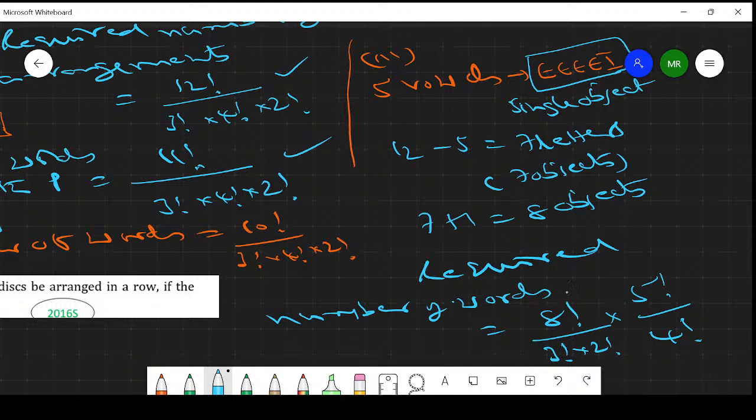Required number of words is 8 factorial by 3 factorial into 2 factorial, into, inside the single object, these 5 vowels can arrange in 5 factorial by 4 factorial ways. You simplify this, we get the required answer. So this is the way we can solve the problem.